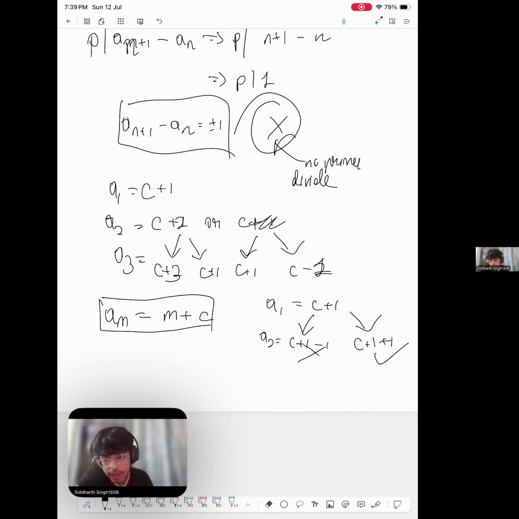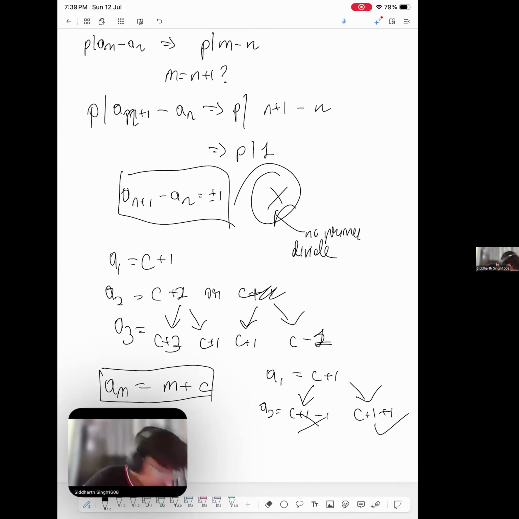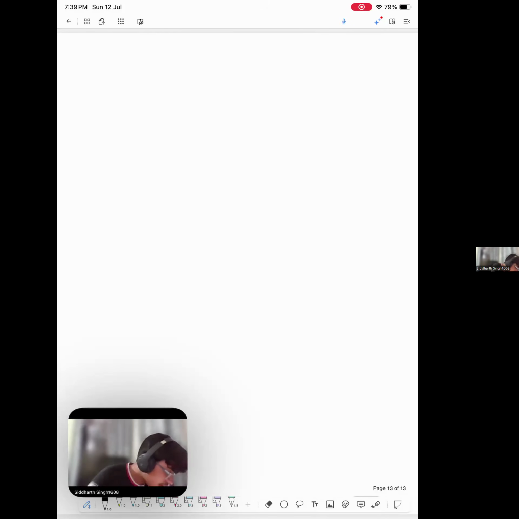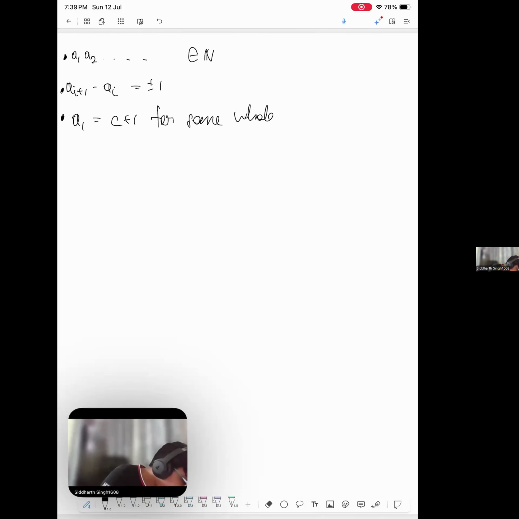This is fairly easy compared to the number theoretic discussion we just had, so I'll leave this as homework for you guys. What you basically have to prove is: you are given a sequence, and you know that a(i+1) minus ai is equal to plus minus 1. The entire sequence is natural, obviously, and a1 is equal to c plus 1 for some whole number c.